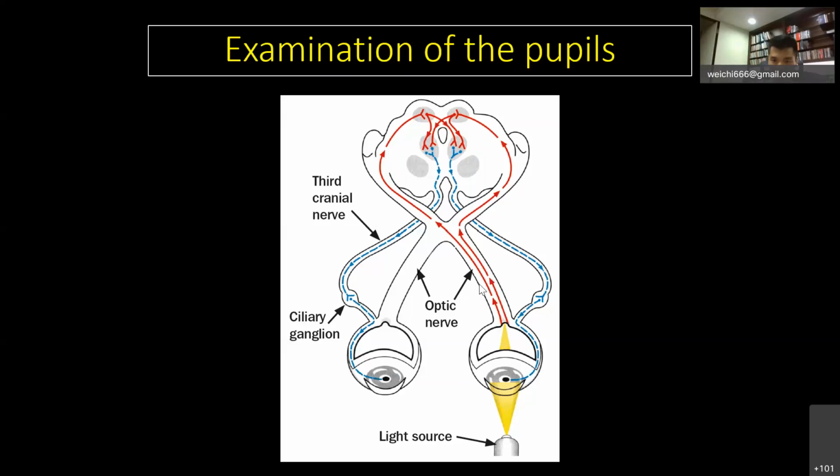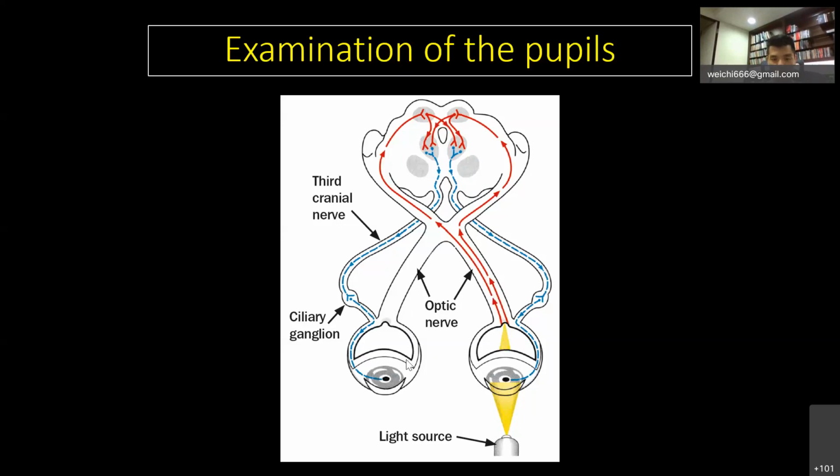Because it's broken here. Okay. If the patient has, for example, trauma or damage of the optic nerve here, you would see that when you switch the light source to here, the pupil would not be able to constrict because this pathway was broken, and also the signal.